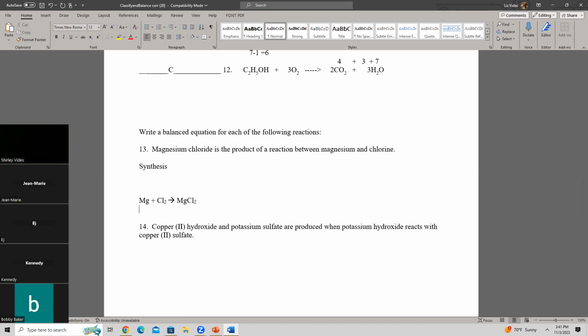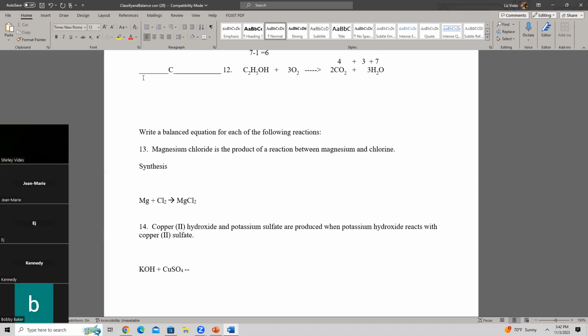All right, and then the next one is copper 2 hydroxide and potassium sulfate are produced when potassium hydroxide, so KOH, reacts with copper 2 sulfate, CuSO4. Okay, so that's what it's telling me to do. Now we're reacting.